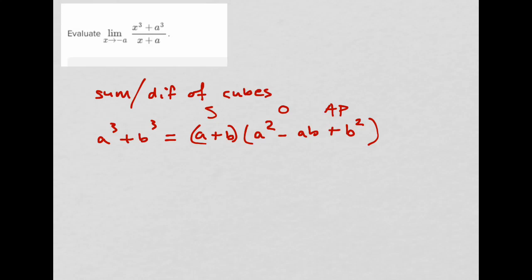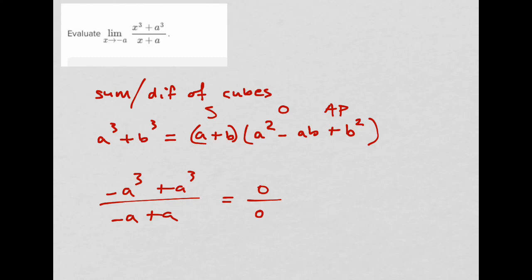That's how we factor the top. If I were to plug in a for x, what would I get? I would get -a cubed plus a cubed. That would be 0. So that would be 0 in the top. And then plug in -a plus a, that's also 0. So I have to do some tricks, right, because I get an indeterminate form, which means try again.